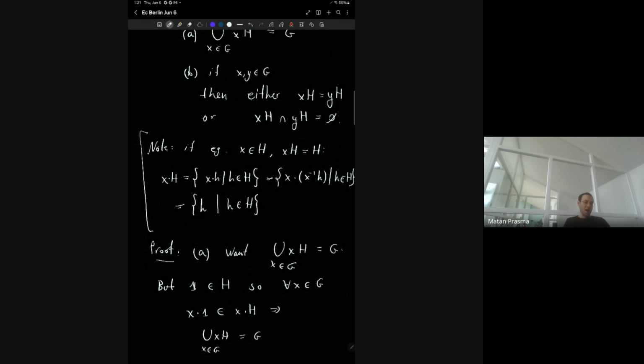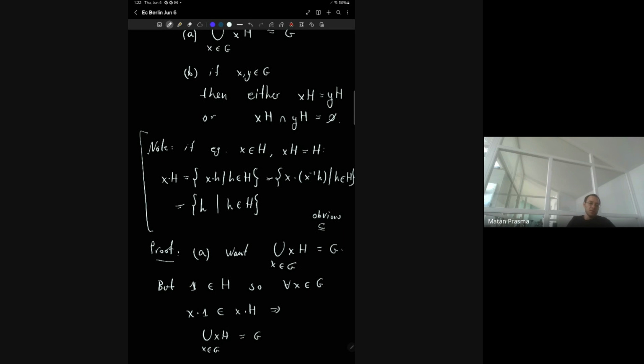So, okay, to show equality of sets, we need to show double inclusion. But one inclusion is obvious, because it's a union of subsets of G. A union of subsets of anything is a subset of this thing.